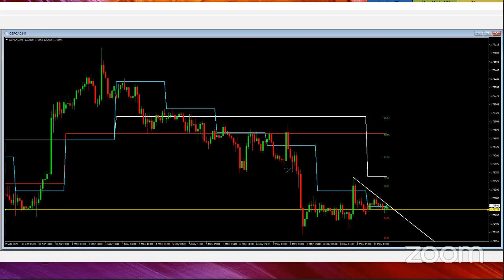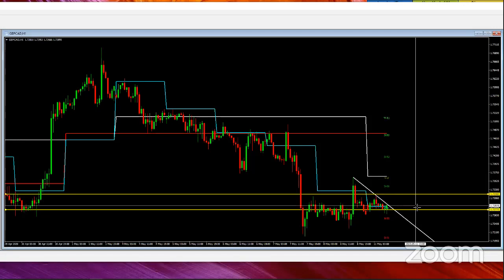In fact, I won't draw the lower trend lines just yet because we'll talk about the reasons why in a moment. 1.7278 is the entry level, and the stop loss is going to be above this level here. So let's give it a little bit of room. 40 pips stop loss.